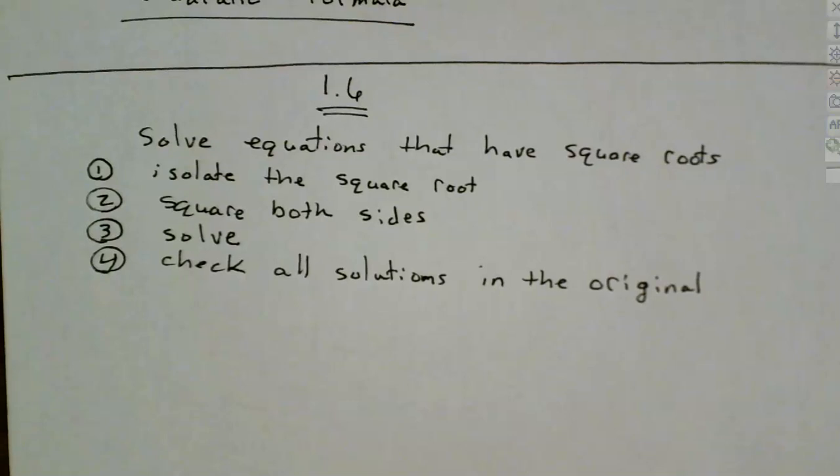Again, we follow our step-by-step procedure. Each type of equation has its own procedure that we need to use and follow. We're going to look now at question 45, and this is on page 165.